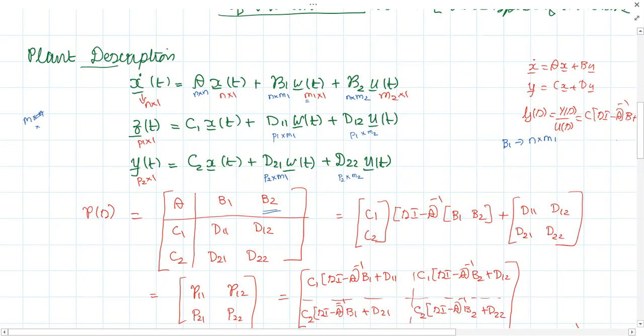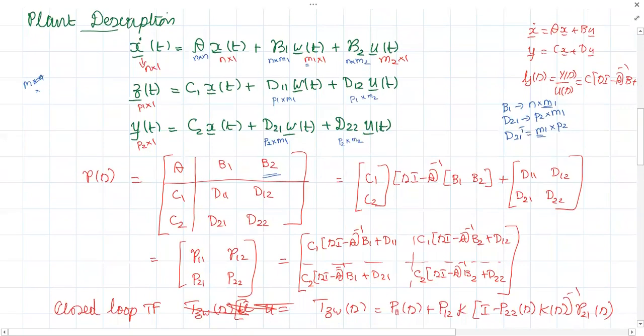B1 is N cross M1 and D21 is P2 cross M1, sir. Wait, let me note down. D21 is P2 cross M1. Okay. And we are multiplying it with D21 transpose. Transpose means M1 cross P2. Yes, sir. So both the columns are matching, like M1. Yeah, number of columns and number of rows are matching, right? Yes, sir. So matrix multiplication will hold here.